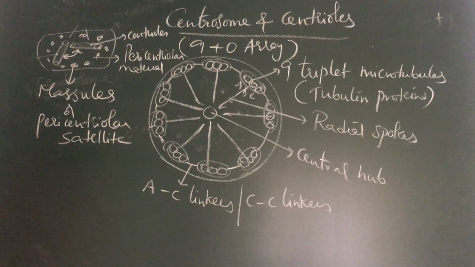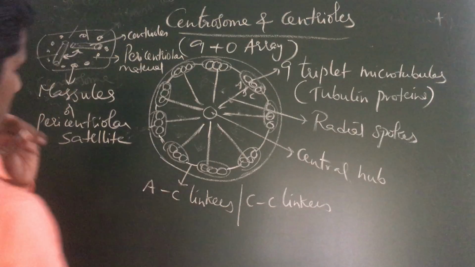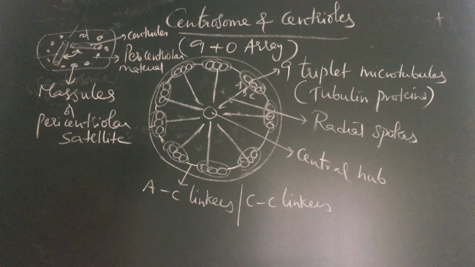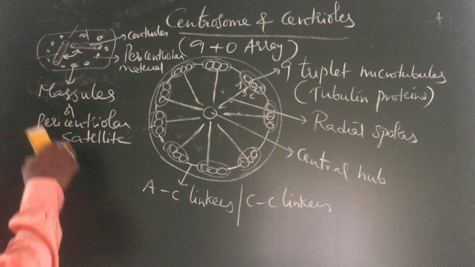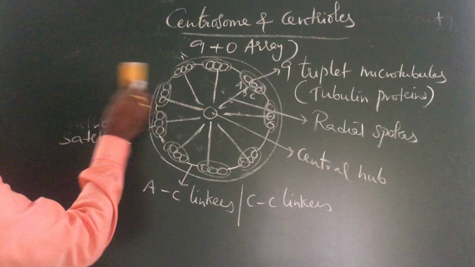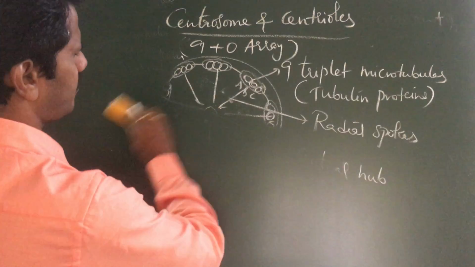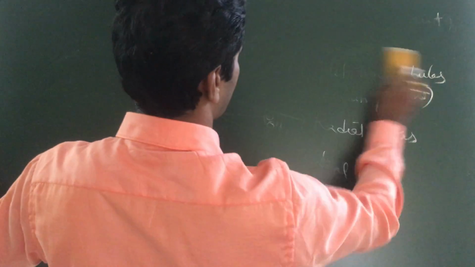Radial spoke. So the structure, we'll explain about the structure point-wise. It is a cartwheel structure.